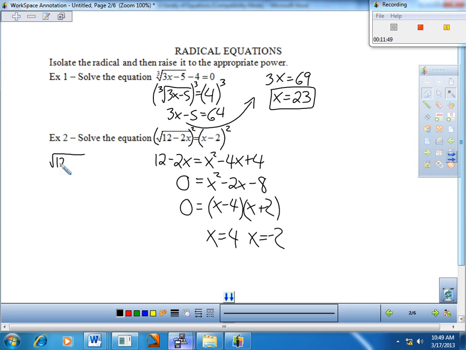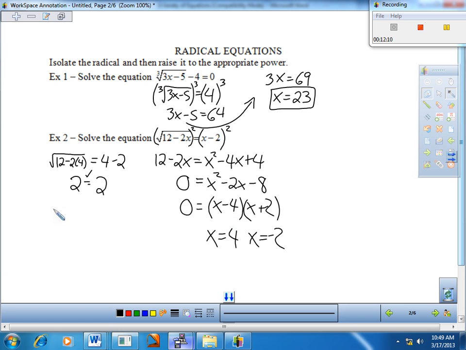So 12 minus 2 times 4, is that equal to 4 minus 2? Let's go ahead and do a quick peek on that. And again, here we go, 12 minus 8. 12 minus 8 is 4. Take the principal square root of 4. Square root of 4 is definitely 2. 4 minus 2 is 2. It works. Good. That's part of my solution set right there.